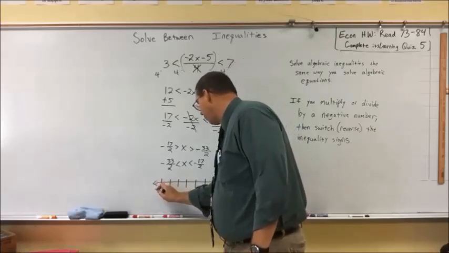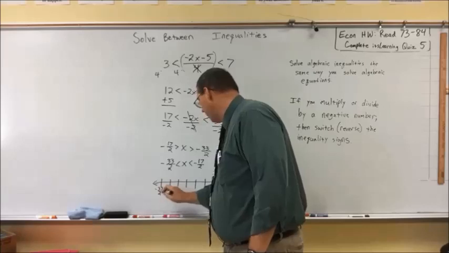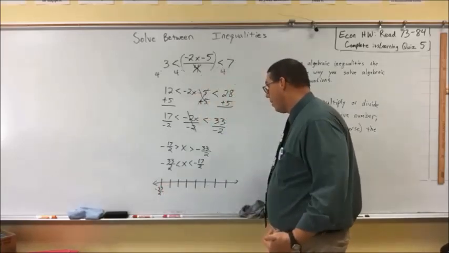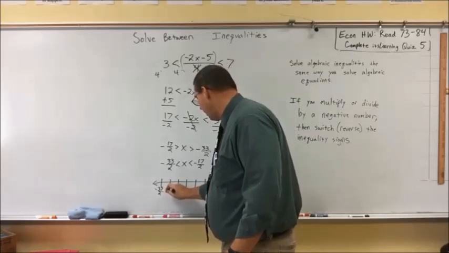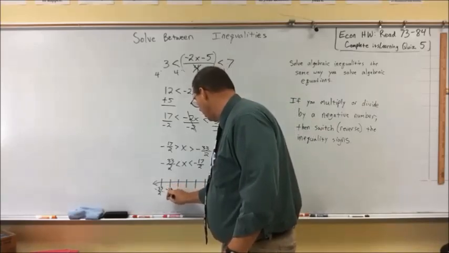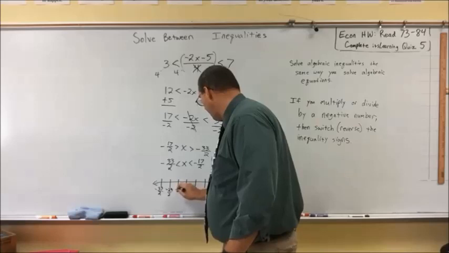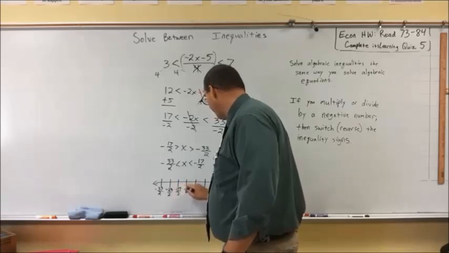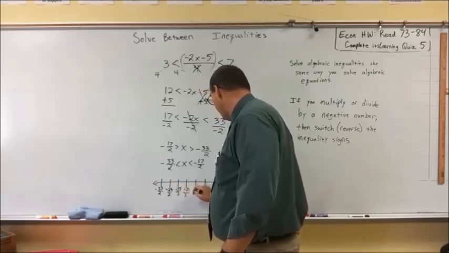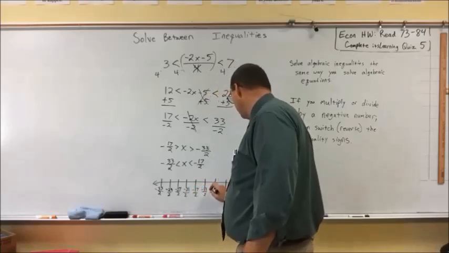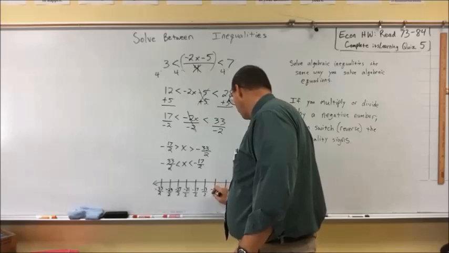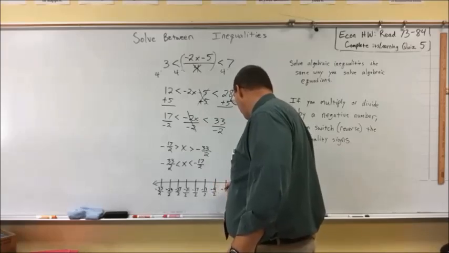I'm going to go negative 33 over 2, then I'm going to skip, I think, 4. Yeah, I'm going to skip 4, and I'm going to put negative 29 over 2, then negative 25 over 2, then negative 21 over 2, then negative 17 over 2, then negative 13 over 2, and negative 9 over 2, and then negative 5 over 2.